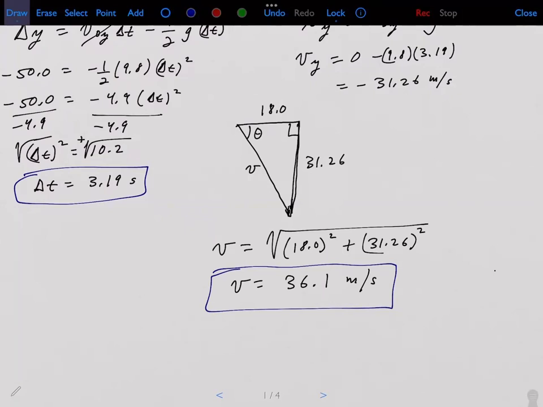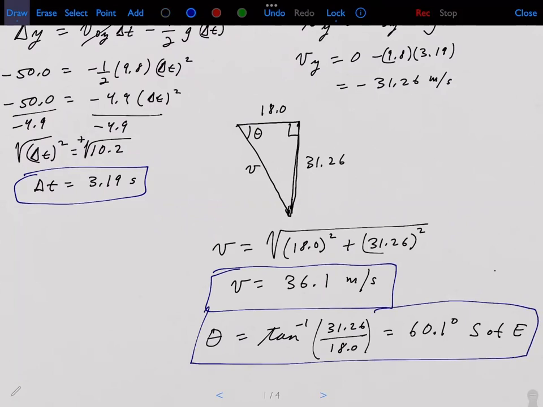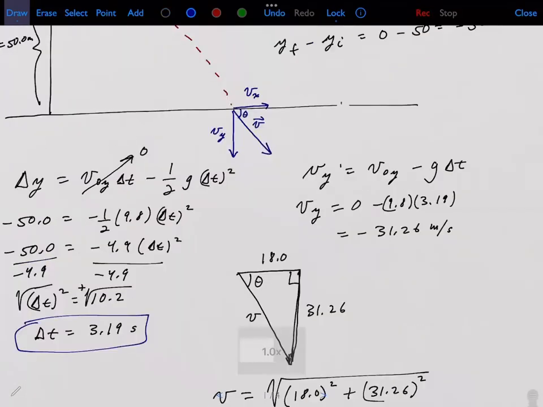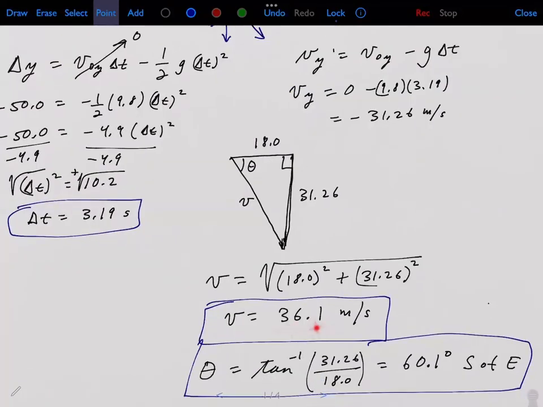Well, to figure out theta here, I can use inverse tangent of opposite over adjacent. And that turns out to be around 60.1 degrees. And we could say south of east, to make sure that we know that we're talking about that fourth quadrant. Okay, so that's the velocity vector right before it hits. It has a magnitude of 36.1 and a direction of 60.1 degrees south of east.